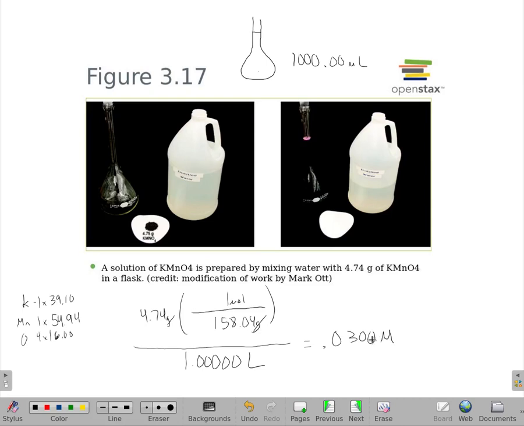Molarity is labeled with a capital M. If I'm going to label the container when I'm all done, I would actually label it as 0.030 M KMnO4. Put that on a little label. Right, initial it, and then put a date on it, so we know if it does go bad or expires or anything like that.